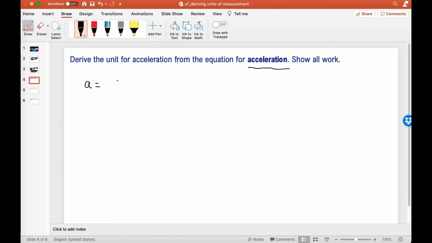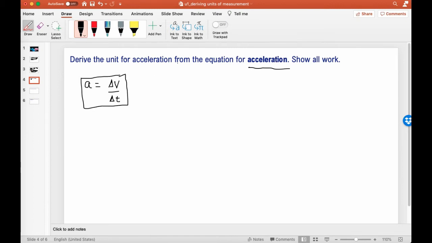Mathematically, that means you changed your velocity per some amount of time. So here's the basic equation for acceleration.